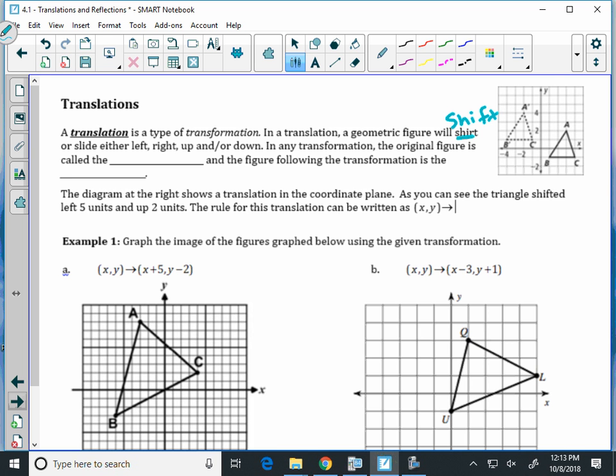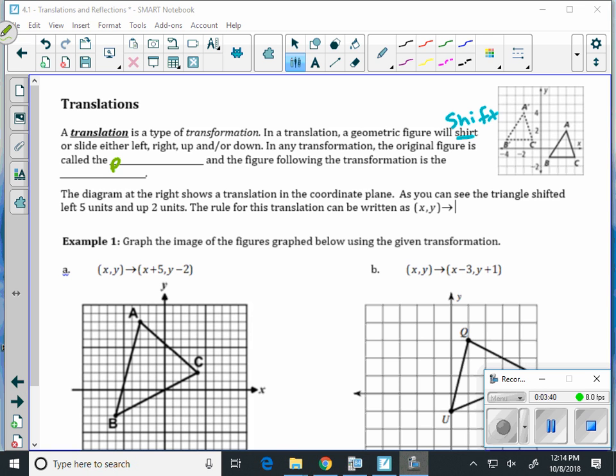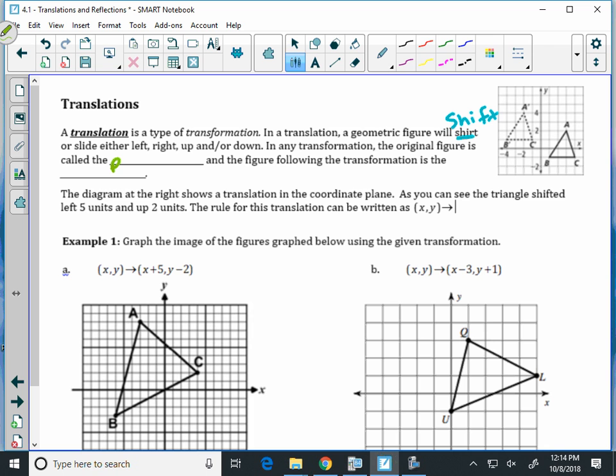In any transformation, doesn't matter if we're doing a translation or a reflection, the starting figure, the original figure, is called the preimage. So the original figure is called the preimage.